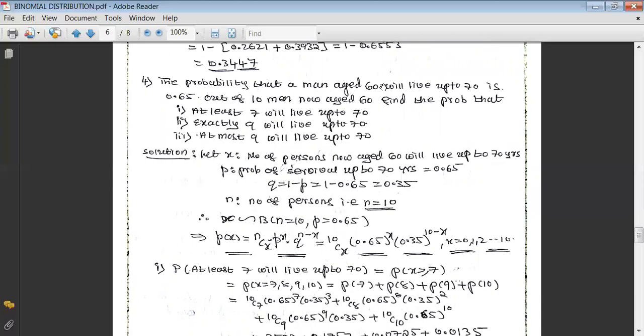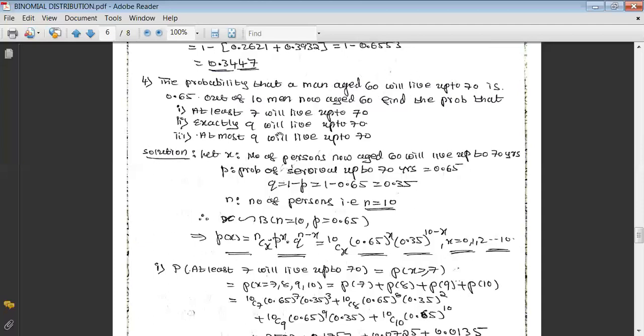Now first we have to realize what is success here. Here the success is the man aged 60 should live up to 70. If a man aged 60 lives up to the age 70, then that situation will be treated as success.